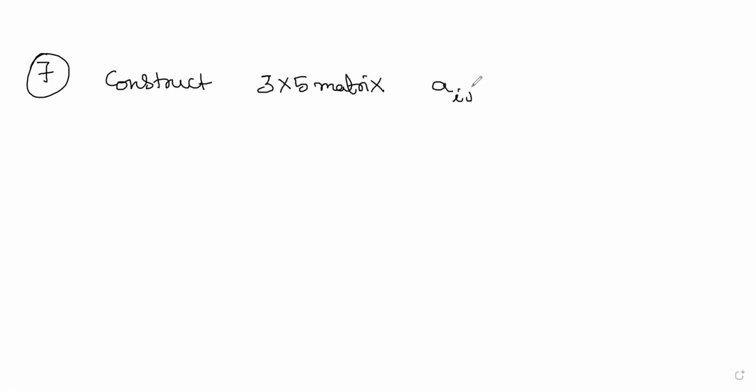Aij is 2 to the power of I minus j. Okay, this is a matrix. 2 power I minus j. Try it out.